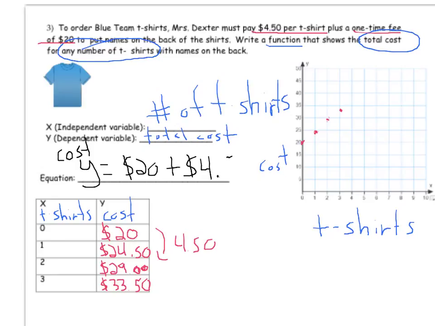Once again, we can see this is in slope-intercept form. Our slope is in front of x, it's $4.50. Notice when we went down the y column, we kept increasing by $4.50 every time. And our y-intercept's at 20. If we look at our graph, we see we're crossing the y-axis at 20.